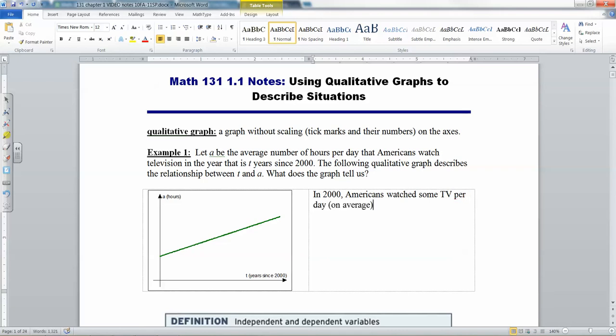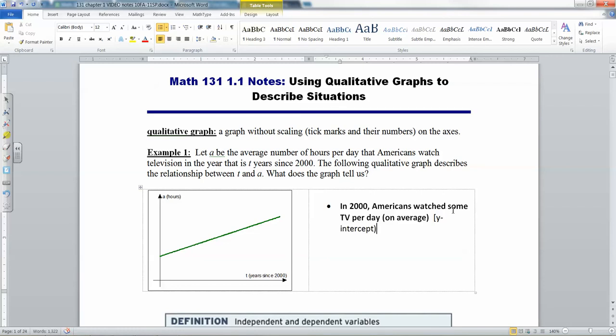Now you don't know how much it was because of course you don't have scaling. So you only know that they must watch something because you can see that the graph doesn't touch the origin. So just on a side note, what you're working with here is, I'm going to put this in brackets, the y-intercept that we're describing. That the fact that it starts at a value higher than 0.